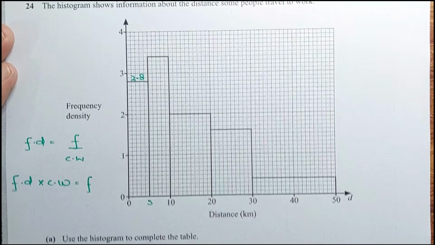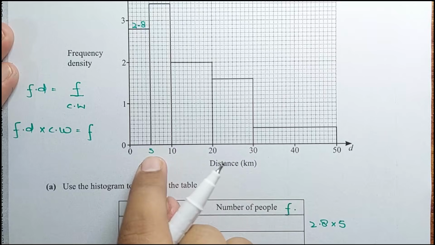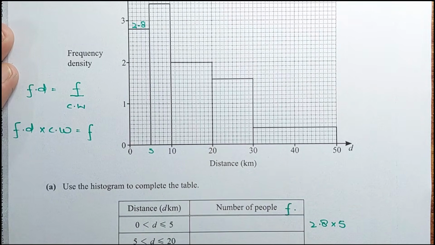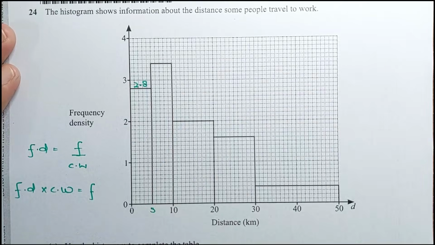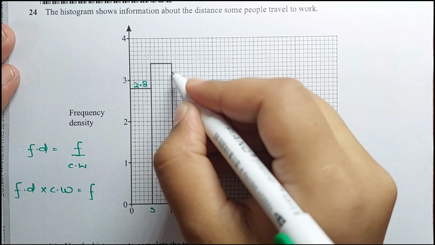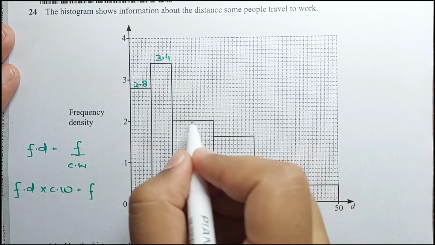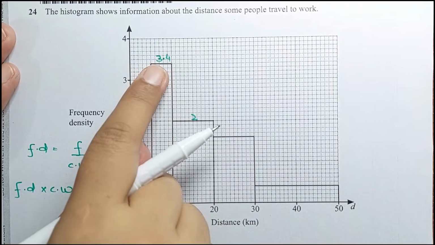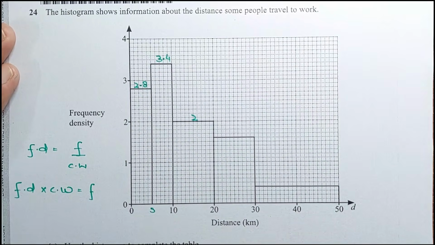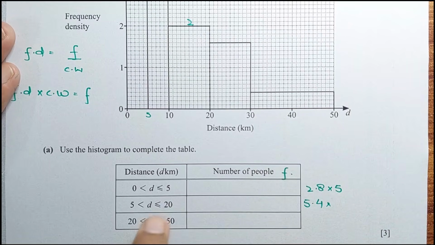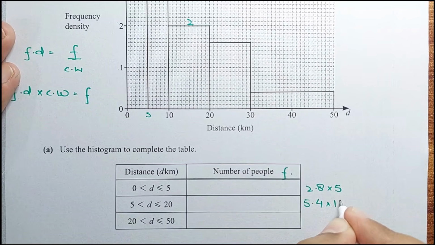Now for the next, 5 to 20, what is the frequency density? Between 5 to 10, the frequency density is 3.4, and this is just 2. So the frequency density is the sum of 3.4 and 2, so that is 5.4, and the class width, the difference of 20 and 5, is 15.